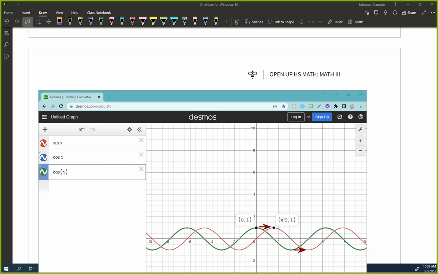We've got A cosine of Bx plus C, plus D, right? So who is in charge of moving to the right? Yeah, you're right. It's C, the phase shift. Perfect. So I'm going to try moving him.